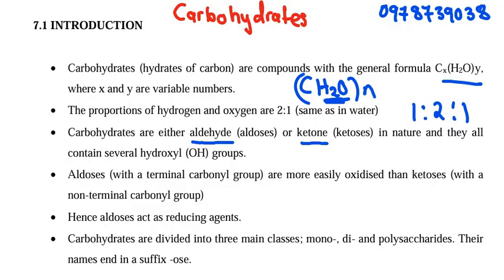So no wonder we call aldehydes reducing agents. Remember that experiment you did in high school when you were testing for reducing sugars and non-reducing sugars. Those you said were reducing sugars are simply aldehyde sugars. Then the ones you said were non-reducing sugars were ketones or ketoses. So that's basically what we're having.